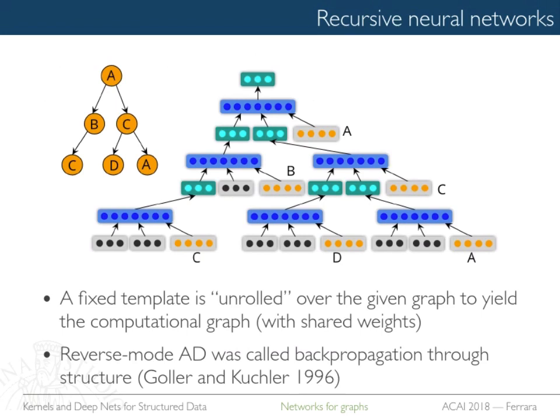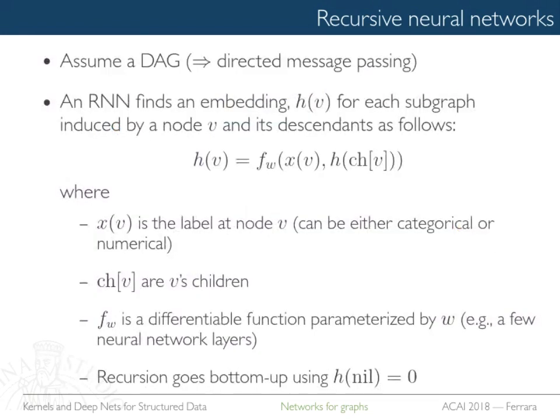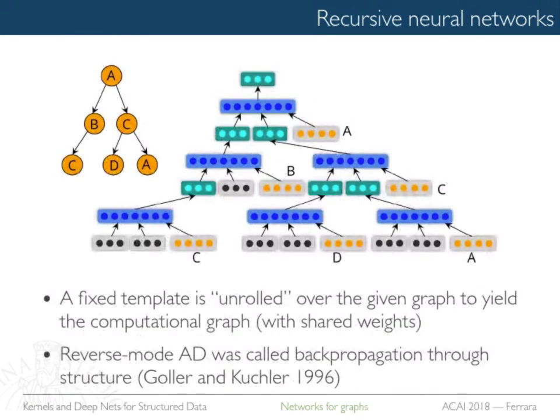What you do, you have this picture here, which is the neural network representing f_w in this equation here. The inputs are x and the embeddings of the children. Indeed, the inputs to the neural network are the embeddings of the children, and this is the label of the node.